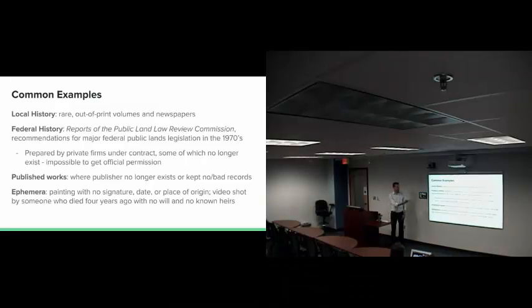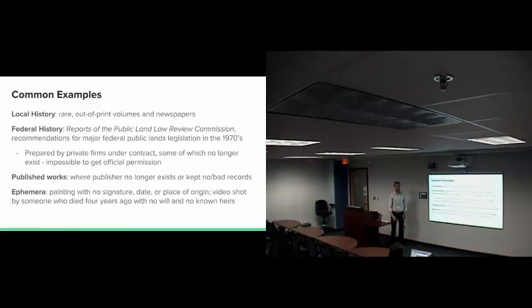A good example is the reports of the Public Land Law Review Commission. They contracted out to all of these third parties the work of developing recommendations for a major overhaul of federal public lands legislation in the 1970s. And as a result, because those reports were created under contract and copyright wasn't transferred to the federal government, it's literally impossible to get permission for those works, because in many cases those private firms are no longer in existence.